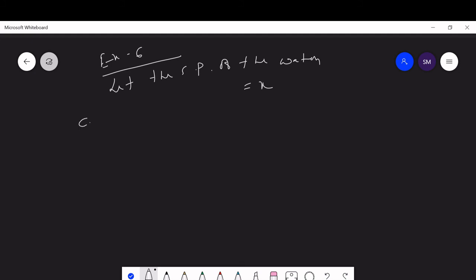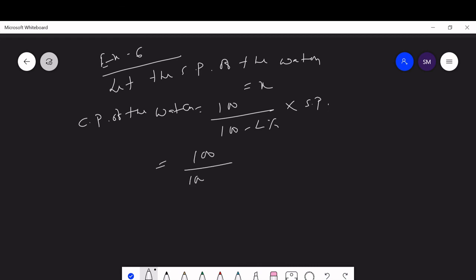Then the CP of the watch is, according to the formula, 100 upon 100 minus loss percent into SP. Here the loss percentage is 5%. Then 100 upon 100 minus 5 into X, which is equal to 100 upon 95 into X, which is equal to 20x upon 19.